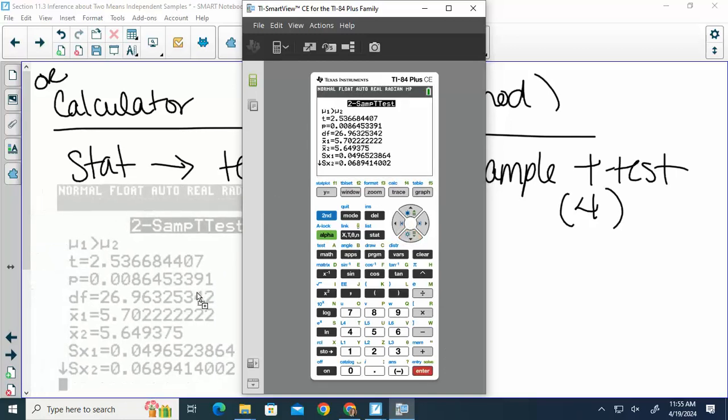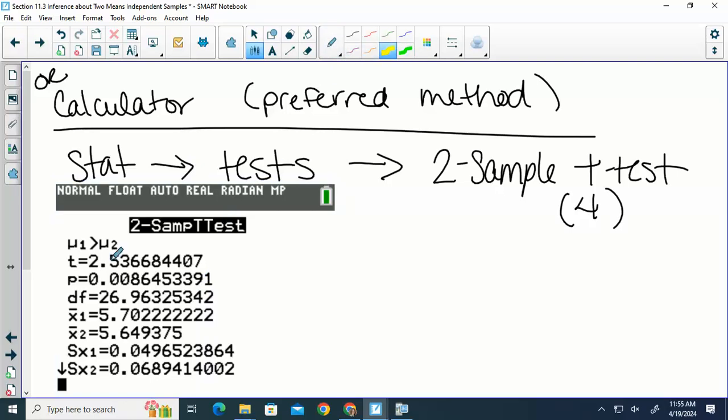If we do that, the 2 things that I ask you to write down are your T and your P. So we get our T to be 2.5366, pretty close to what we had, slightly different because we rounded, of course. The P is 0.0086, we had 0.01, so again, not horrible. Then we just look, since P is less than alpha, we reject.